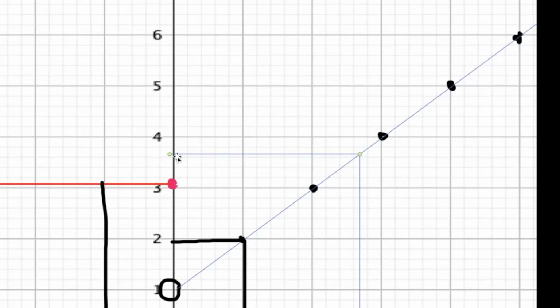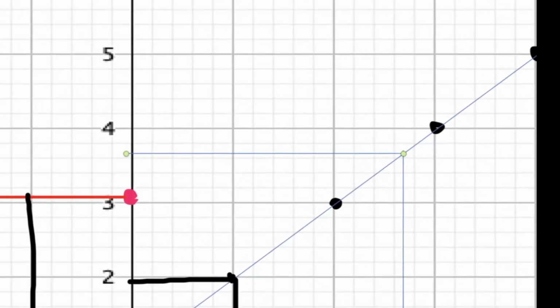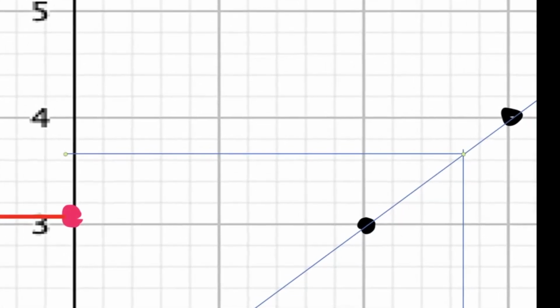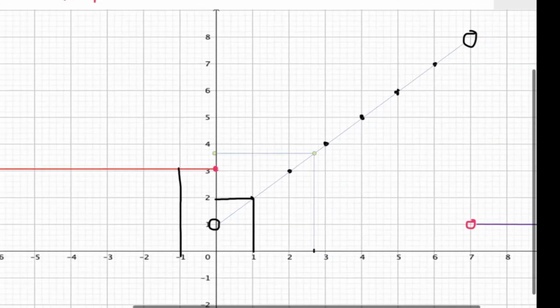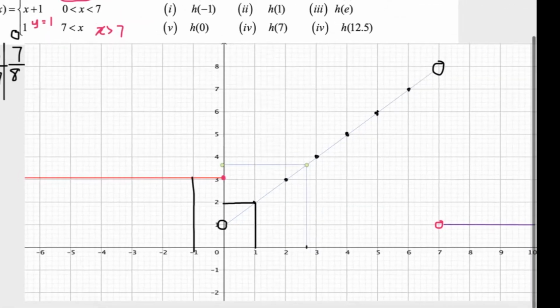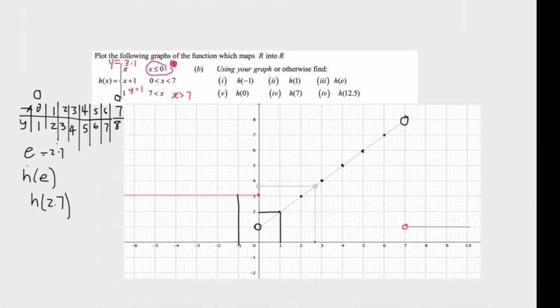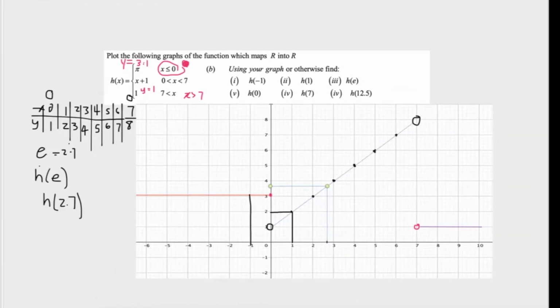So let's say 3.65, because it's not necessarily in the center. So I'm going to say 3.65.